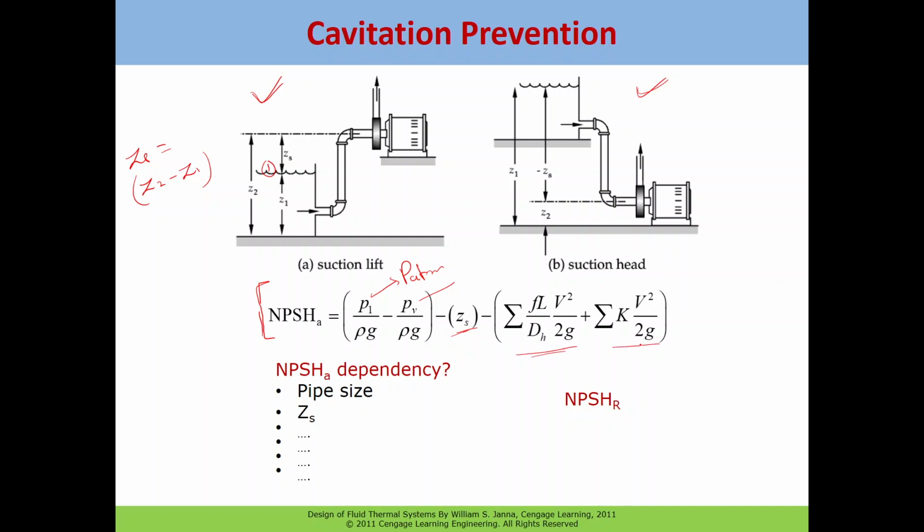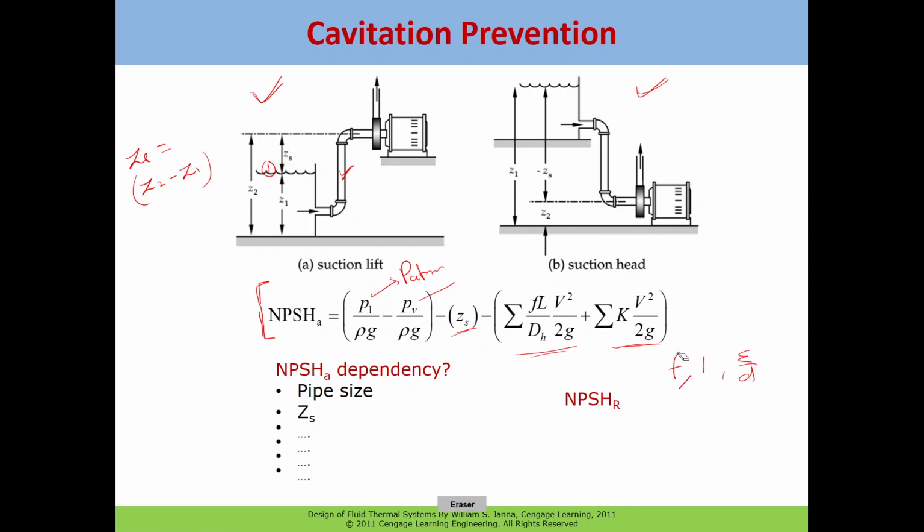And these are the friction losses and minor losses. For the friction losses we need the velocity in the suction line pipe, the length of the suction line from the tank to the inlet of the pump, the diameter of the line, and the friction factor. To calculate the friction factor, we need to know the Reynolds number and epsilon over d.